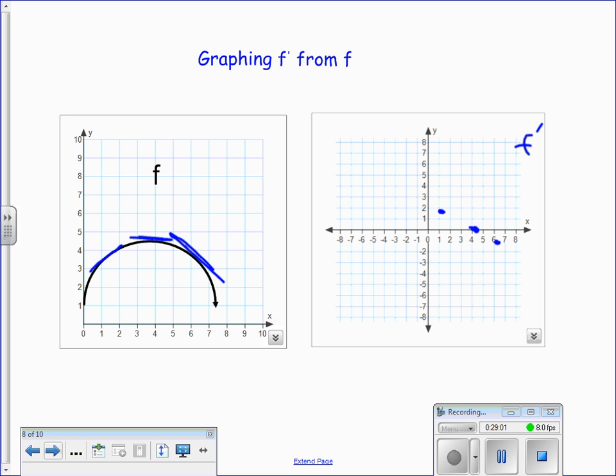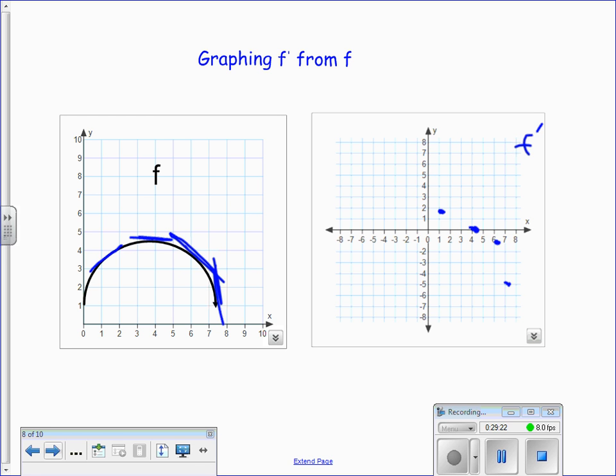And what happens as I go along? This becomes steeper and steeper. At like 7.5, that's a really steep slope. That's probably closer to about -4, -5, somewhere around there. -6 would be fine. So at 7, I can go down to about here.